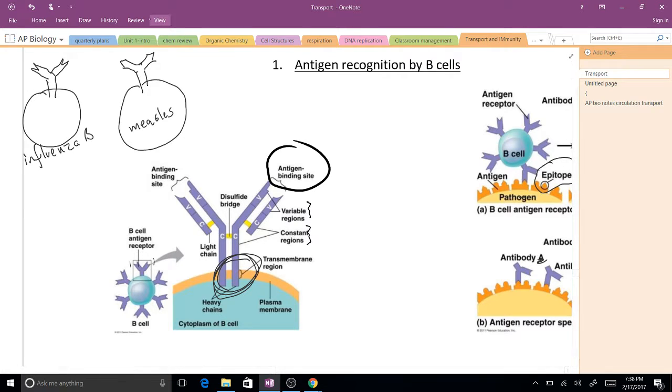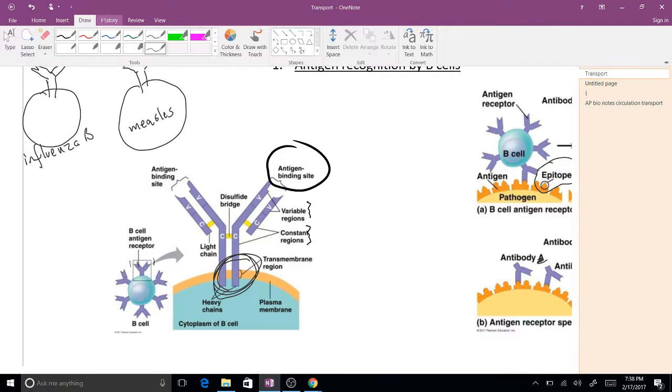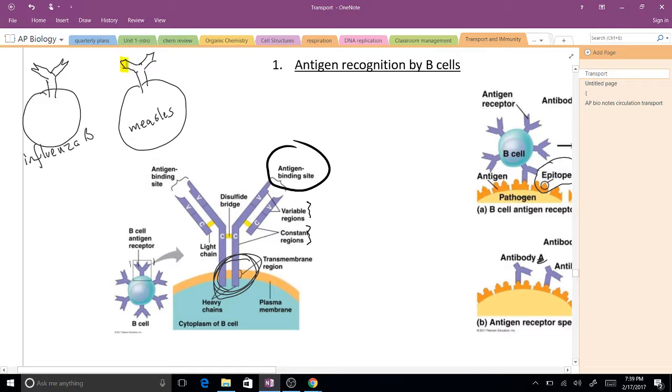So up here, I have drawn a couple to indicate how they're different. You can see that for measles, the antigen binding sites are going to look a little different than perhaps an influenza B, or, take your pick, mumps, the common cold, flu, a certain kind of bacterial toxin. They are shaped differently because of that.